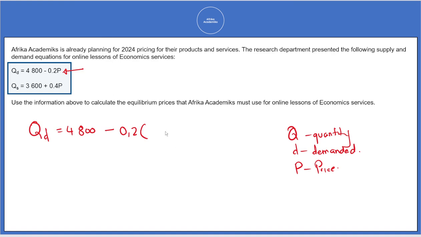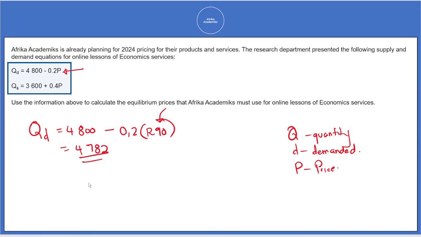So let's say Africa Academics decides they will charge for their lessons, let's say 90 rand. Okay, so you'll just punch this on your calculator. You'll say 4,800 minus 0.2 times 90. Right, and this gives me 4,782. So this means if we charge 90 rands, this is the number of lessons people will demand.